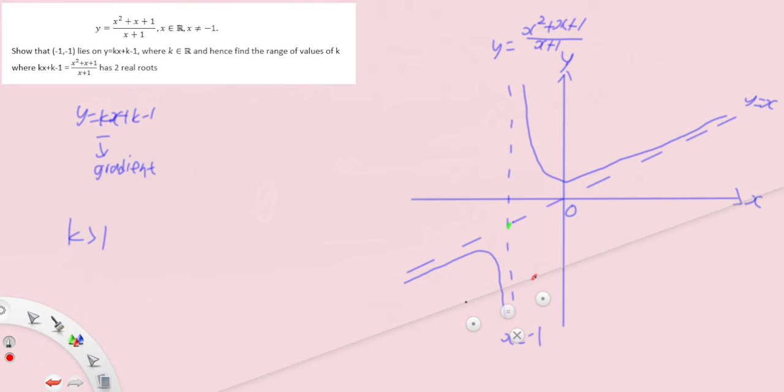At this point it is still intersecting, but once you get a line that's parallel to the oblique asymptote, you notice that this part of the line will never intersect the curve at this part. Because the idea of the oblique asymptote is that the curve will never touch it, but will get quite close to it.